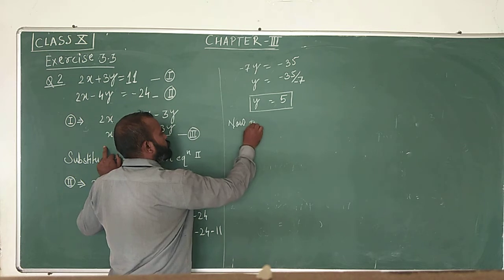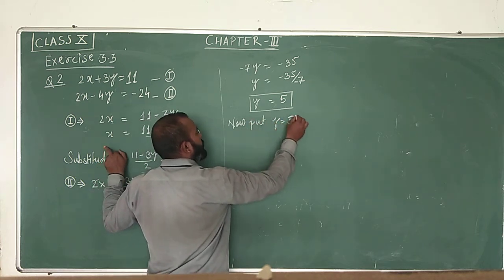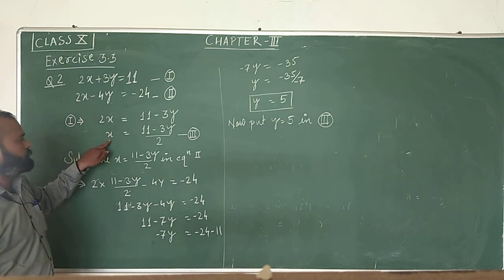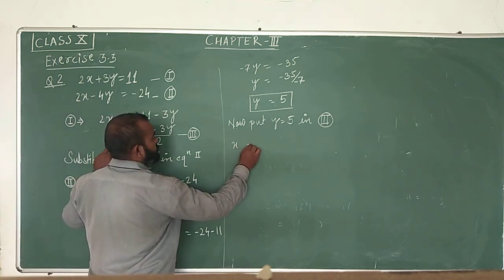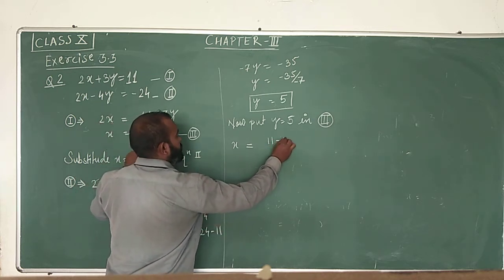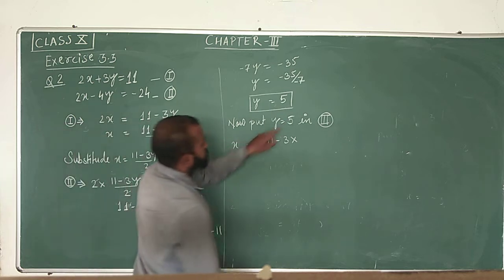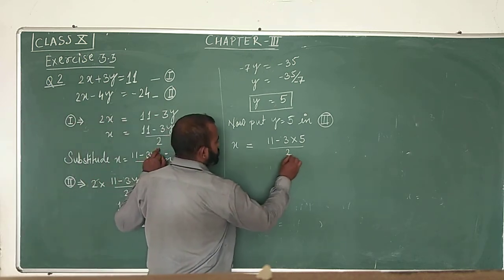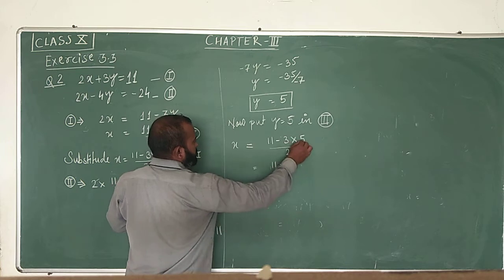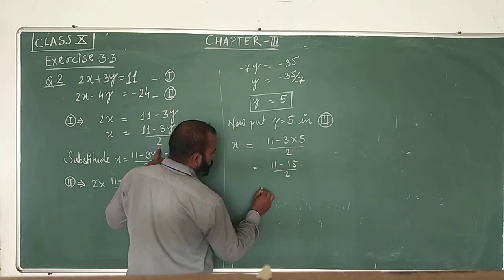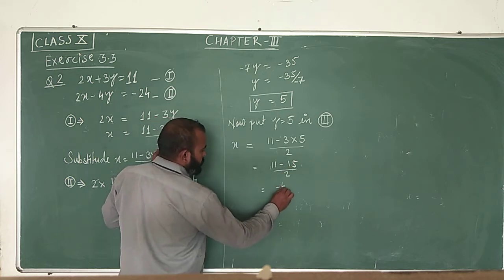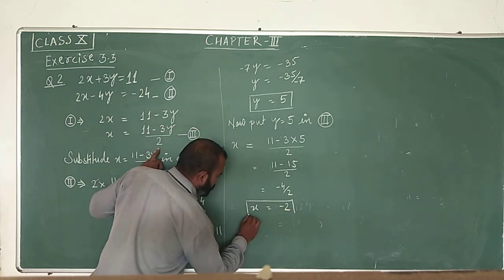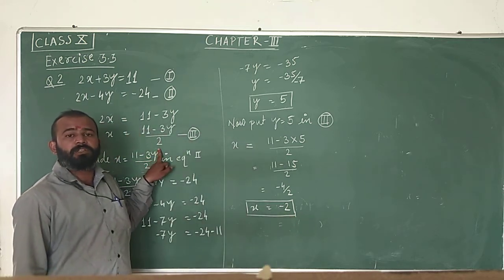Put y equals 5 in equation number 3. x equals 11 minus 3y upon 2, where y is 5. So 11 minus 3 fives are 15, by 2. 11 minus 15 is minus 4 by 2, which equals minus 2. So the value of x is minus 2.